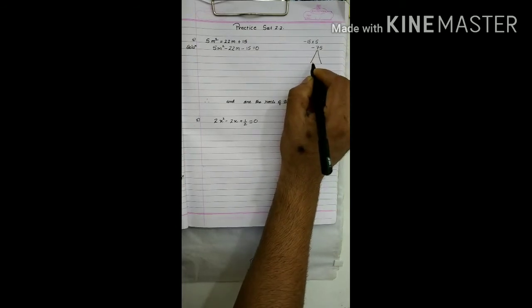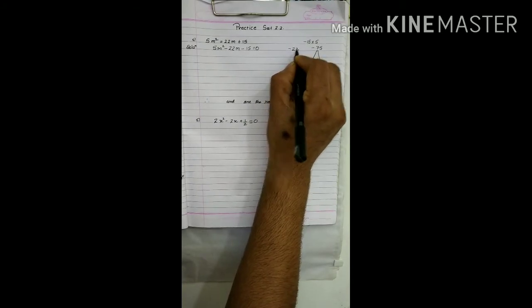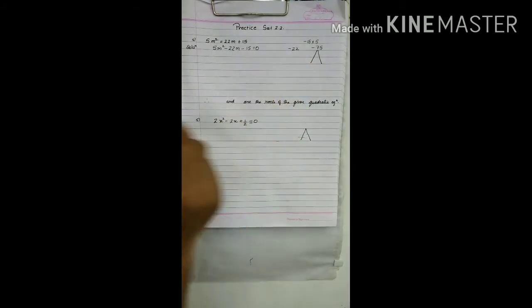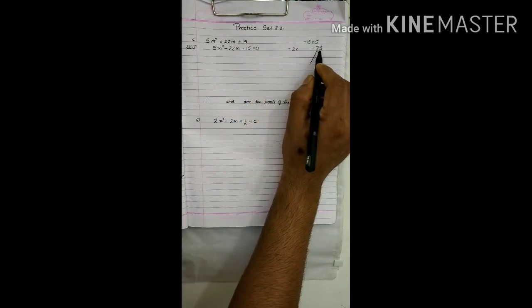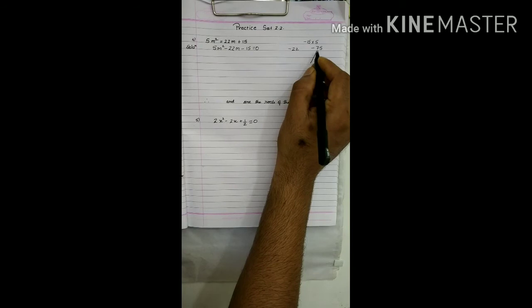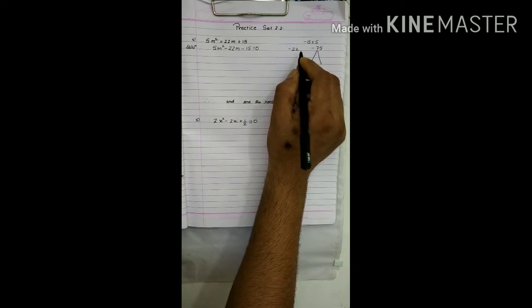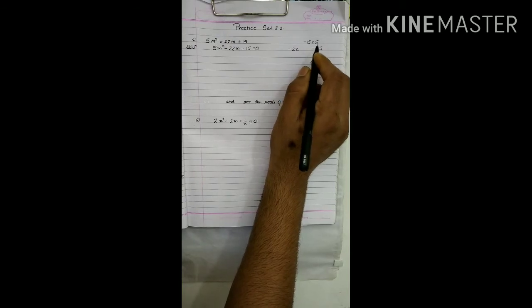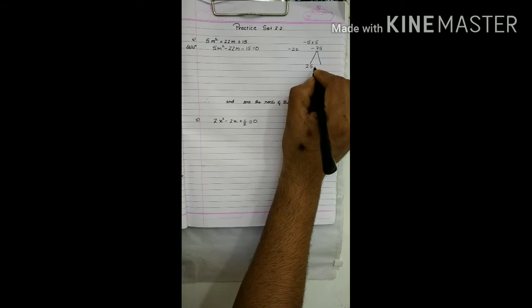Here we have to write the same thing, minus 22, that is the coefficient of m. Now we need to find two numbers whose multiplication is minus 75 and addition or subtraction is minus 22. So 25 into 3 is 75 and 25 plus 3 is 28, but 25 minus 3 is 22. So we can take this 25 into 3.